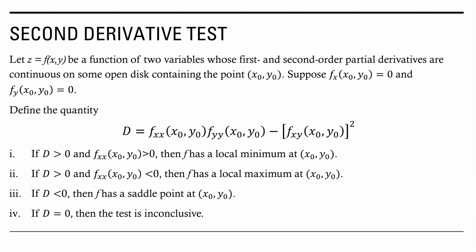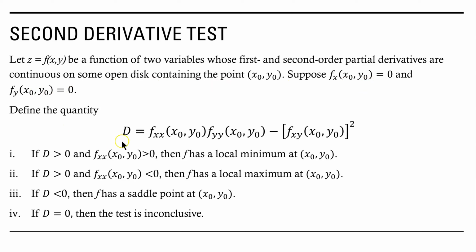So let's take a look at the second derivative test. So first of all, our function has to have first and second order partial derivatives that are continuous at some point on some disk containing the point we're interested in. And notice that we're only looking at critical points for which our first partial derivatives are equal to 0.